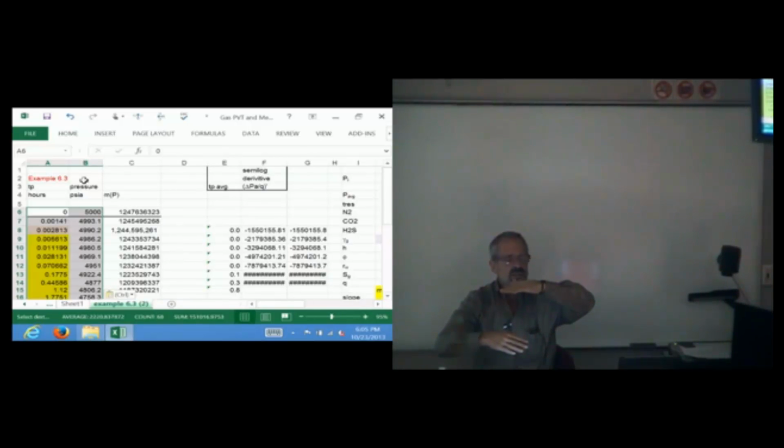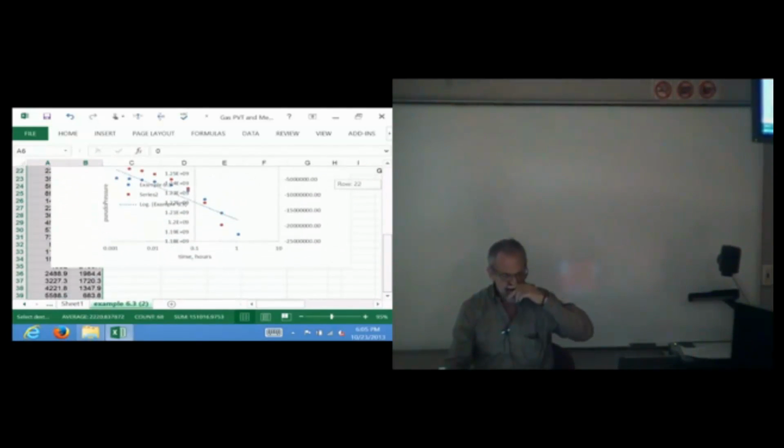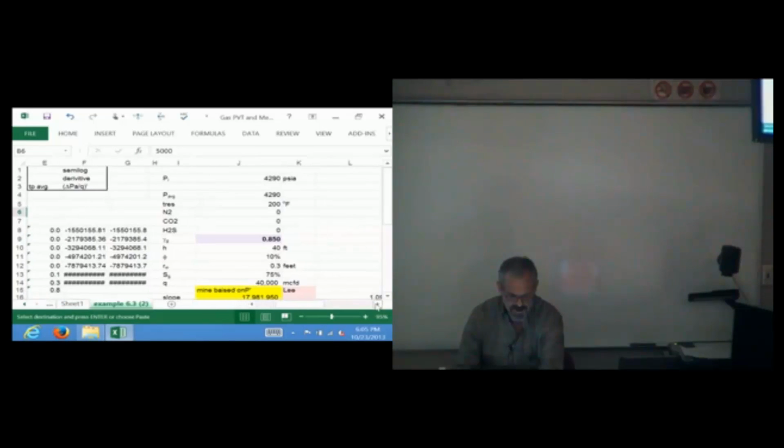When I paste, all my areas are grayed; I'm not going to hit enter or click my mouse, but I'm going to scroll down to see when the gray ends. Oh, see, I have more data. Okay, very good. And 5,000 pounds stayed underlined. That's my initial pressure.